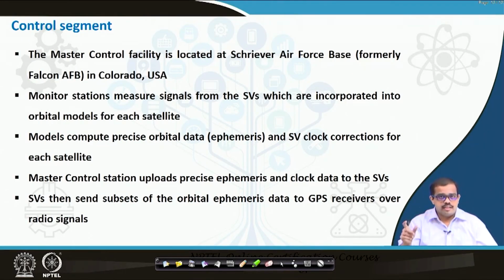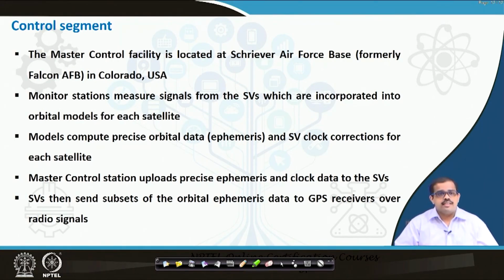When you are correcting its clock, it is also correcting various other variables that are linked to the movement of the GPS and the movement of the Earth's surface. With these corrections, the signals are sent back to the satellites, so that the master control station uploads the precise ephemeris and clock data to the satellite vehicles.